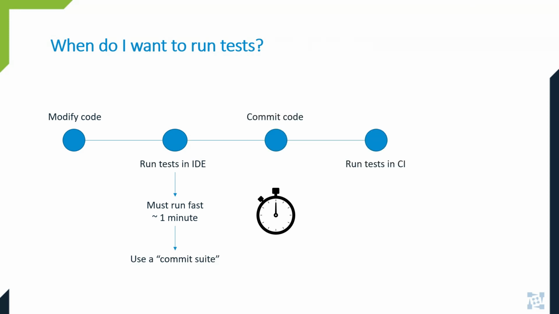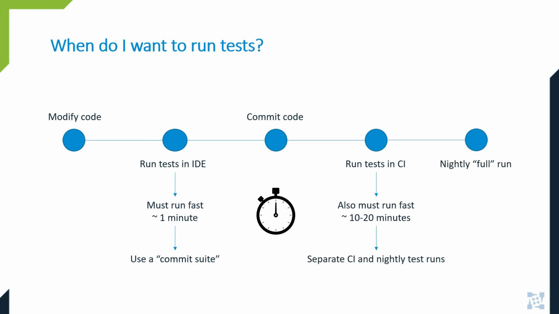What usually happens then is that the code is committed in the repository, and then the tests are executed in the pipeline. There the tests have to run fast to get feedback within 10 to 20 minutes.